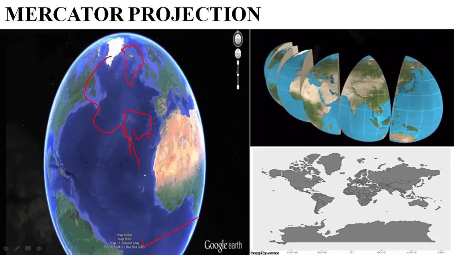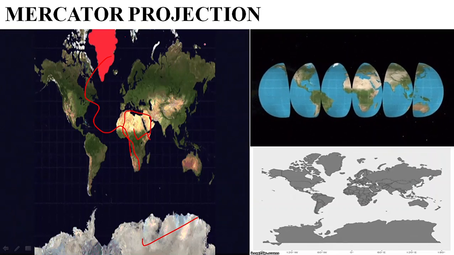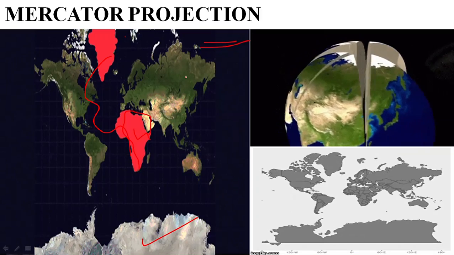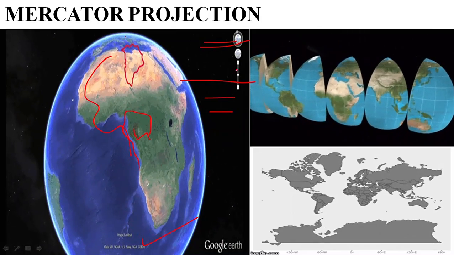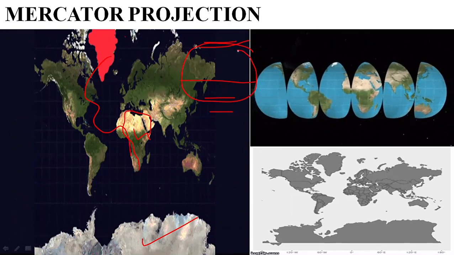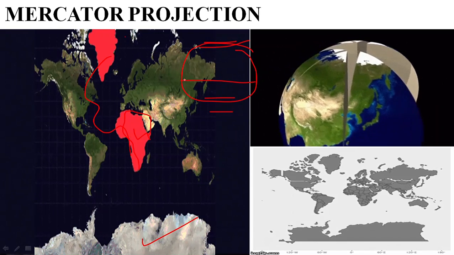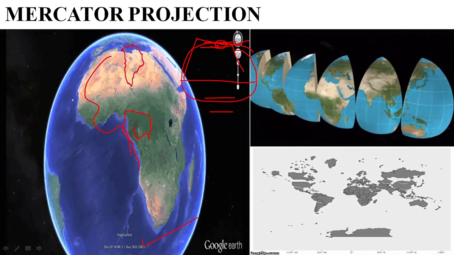Likewise, we have Antarctica. As we know, at the poles we have short latitude lines, and at the equator we have long latitude lines. So this is how the earth is. If you have to mold this onto a paper, then these will become equal, so this area will be enlarged.